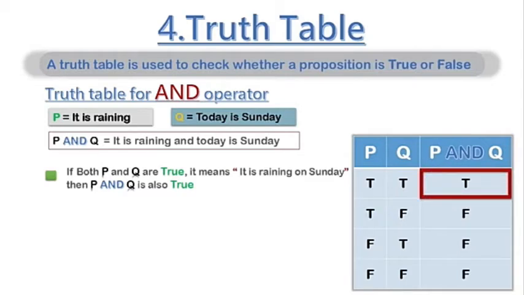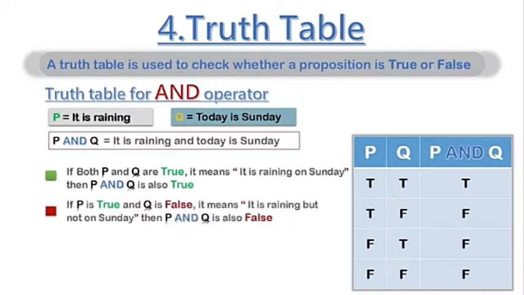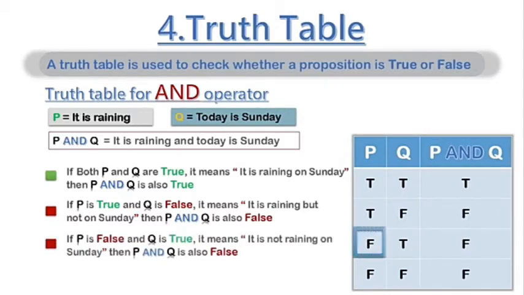Okay students, next, similarly, today is not raining, but today is Sunday. p is false, so p and q will be false because both conditions are not true. And at the end, it is neither raining nor Sunday. At that time p and q will be false.